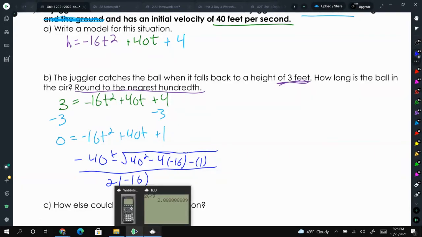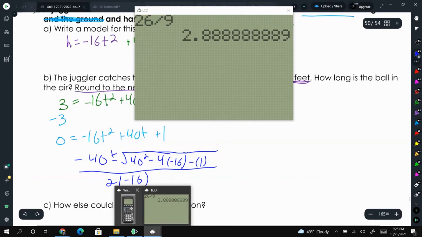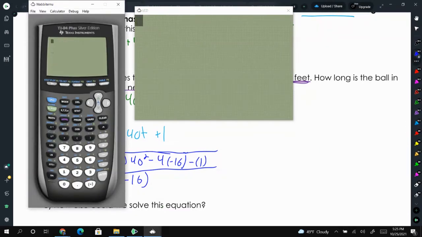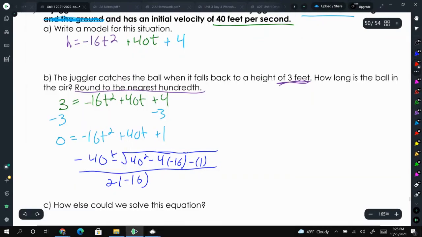So when I type in just the discriminant into the calculator, 40 squared minus 4 times negative 16 times 1, I get 1,664. So negative 40 plus or minus the square root of 1,664 all over negative 32.